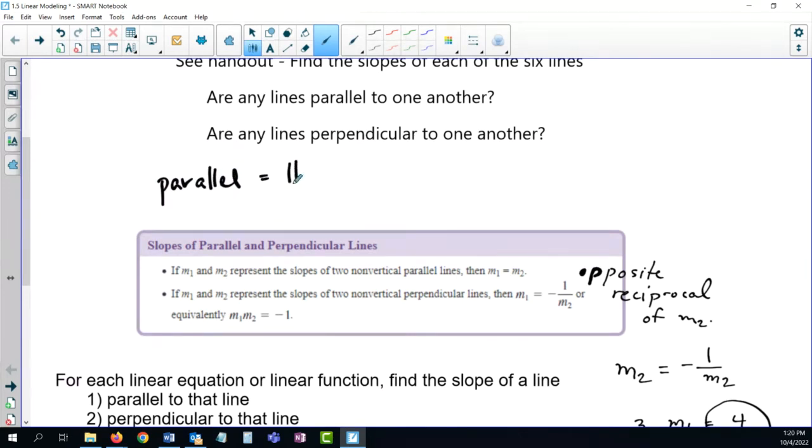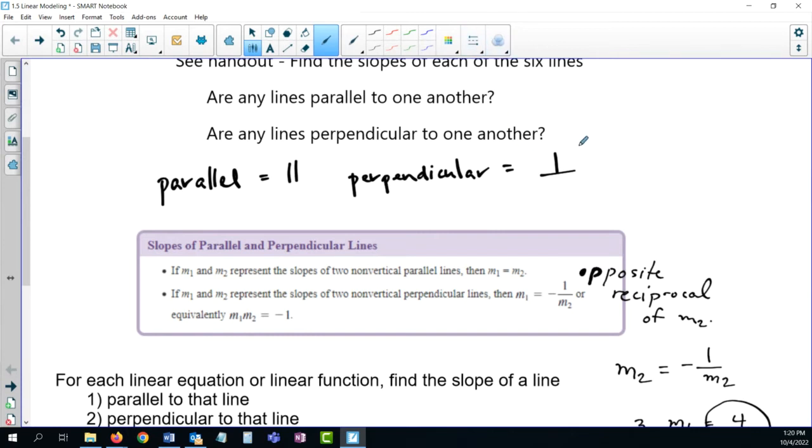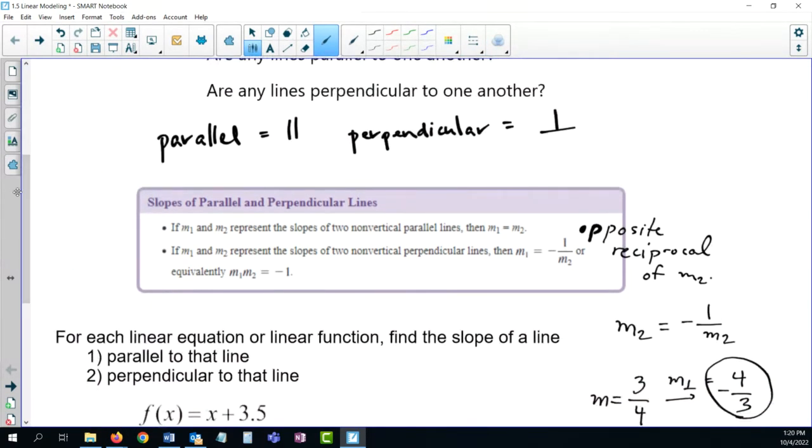You'll see us shorten that as just 2 lines, from the 2 L's. And then perpendicular is quite long, so perpendicular will be represented by an upside down T. And then askew doesn't have a symbol because most lines are askew.